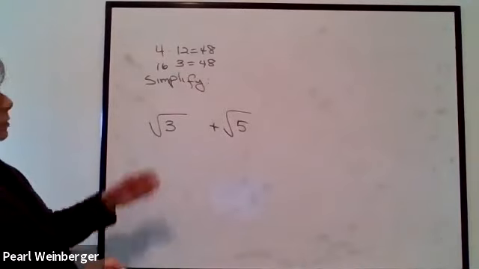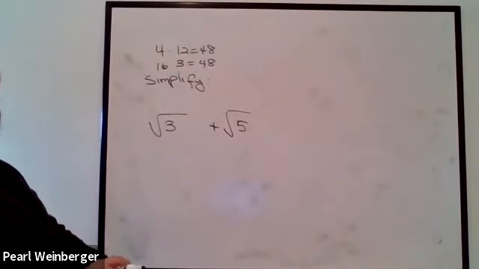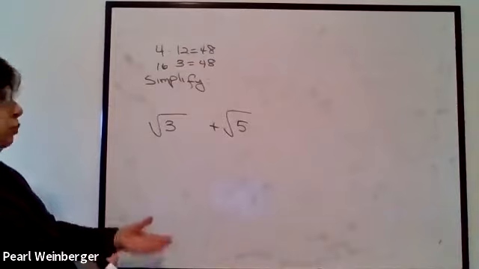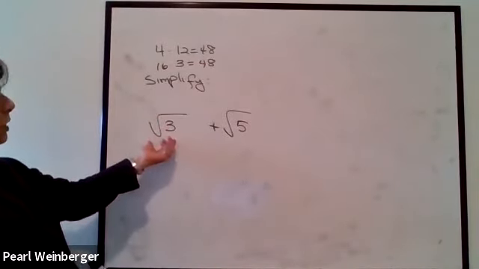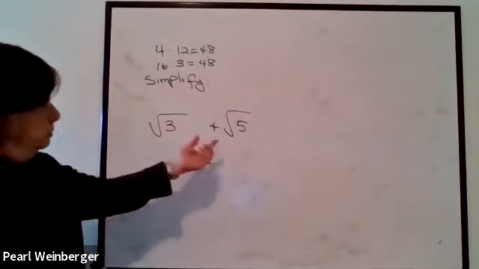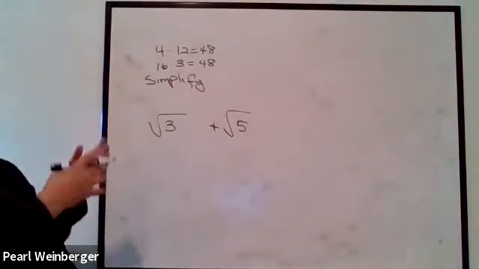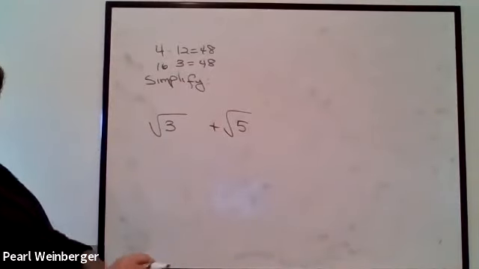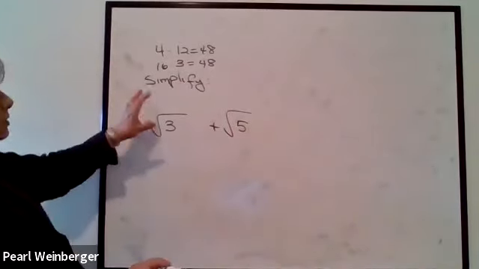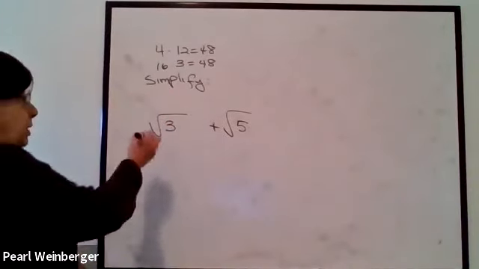They're not like radicals. You can't say this is the square root of 8. It doesn't work that way. You can try it on your calculators and you'll see it doesn't work, because if you took the square root of 3 in decimals and the square root of 5 in decimals, it would not give you the square root of 8. So these are not like radicals.